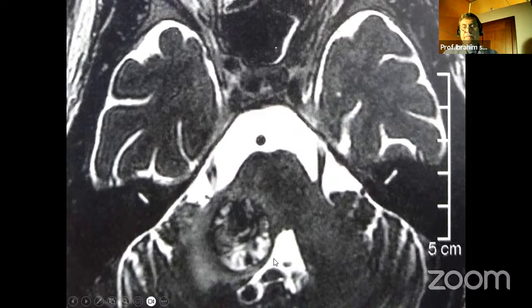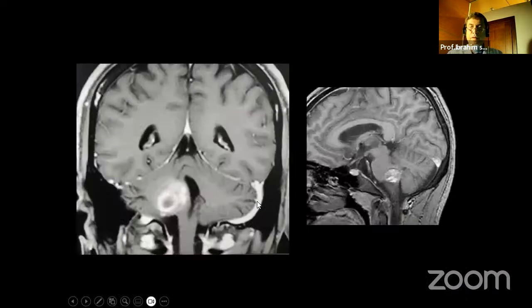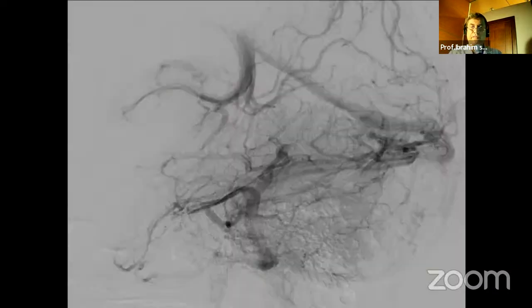Here, this is a thin area that you may go through. If you go epitrigeminal, it is difficult. But if you go here through the fourth ventricle, it is less damaging. The DVA is very well seen here. This is the coronal and the sagittal, and this is the DVA on the angiogram.